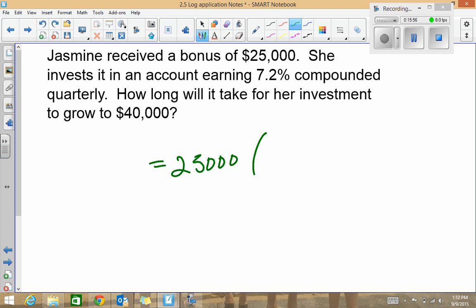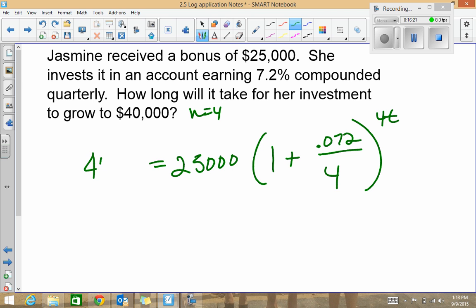She invested in an account earning 7.2%, so we changed that to a decimal rate. Compounded quarterly, so n equals 4. So we get n as our denominator and nt as our exponent. How long will it take for her investment? So we're trying to solve for t again to grow to $40,000.